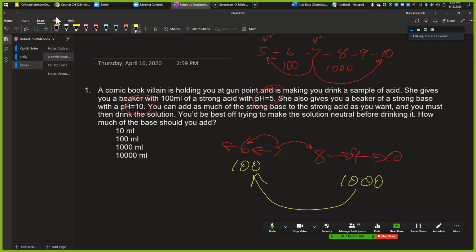So what's the difference here? 10. If I take 100 and I multiply it by 10, I get 1,000. So that means that this 10 here is 10 times more basic than 5 is acidic.